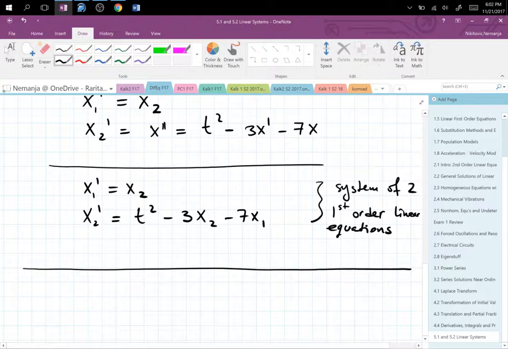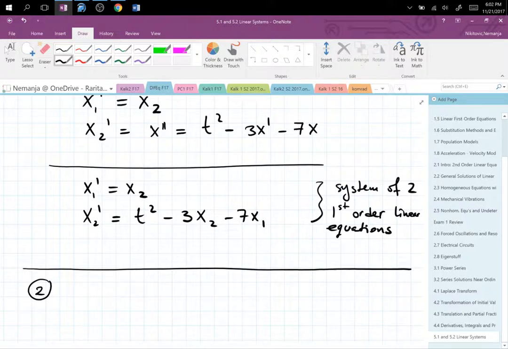Then I said I'll do the second problem as well, and then you do 3 through 10 for practice. So the next problem is to transform, and I picked number 2 because it is fourth order.